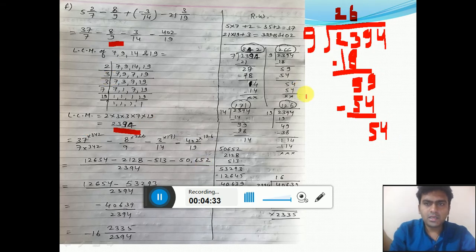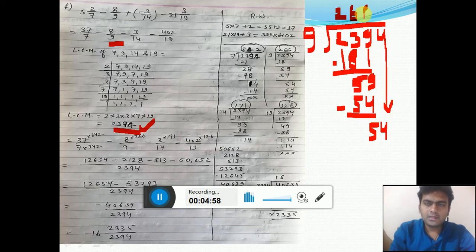Now see here, what we will do, we will divide this LCM by the denominator 9. So 9 twos are 18. Now 23 minus 18 equals 5. Now take the next number 9. Now the number becomes 59. 9 sixes are 54. Now 59 minus 54 equals 5. Now take the next number 4 here.